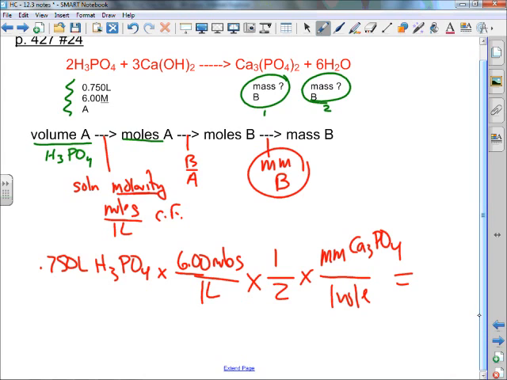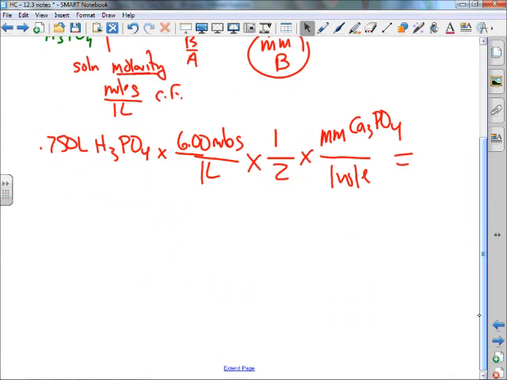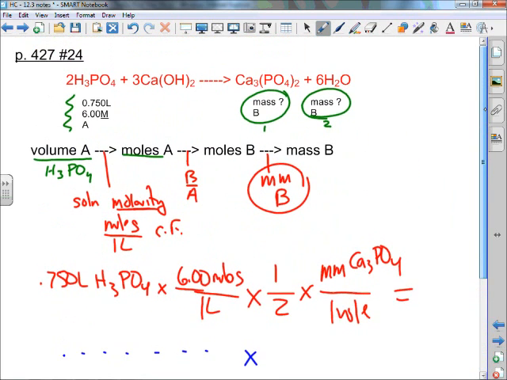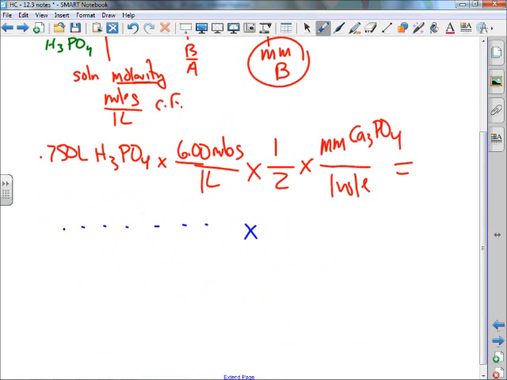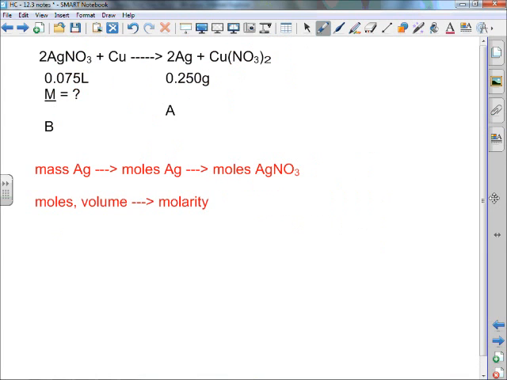And there's our answer. If we're doing water, it's exactly the same thing, except now B over A is going to be 6 over 2 times the molar mass of water. So that's how we do the problem. It's just a new conversion factor for us to use to solve some problems.